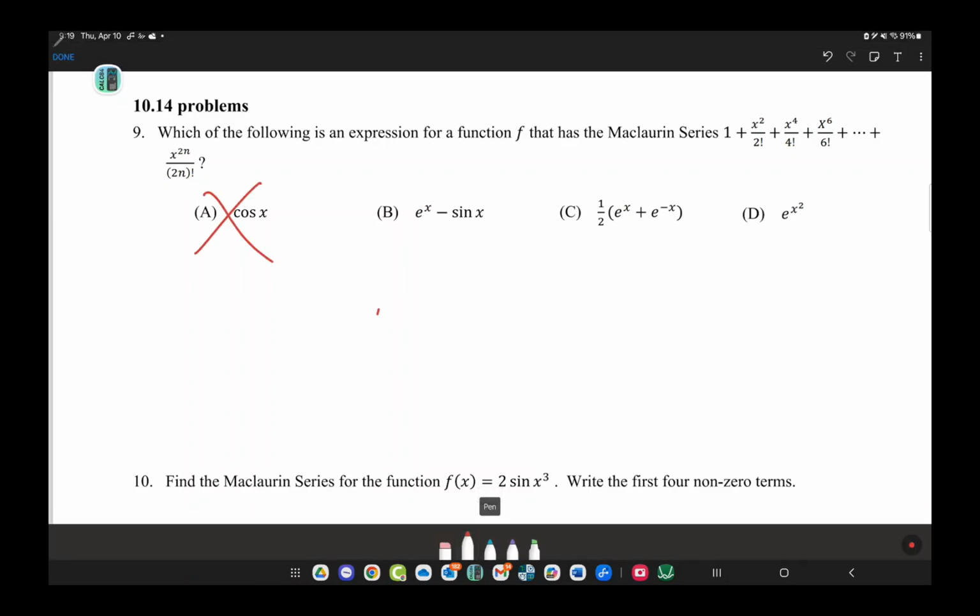All right. Now, we do probably want to write the ones you know. Which ones do we know? We have e of x, which is 1 plus x plus x squared over 2 factorial plus x cubed over 3 factorial.